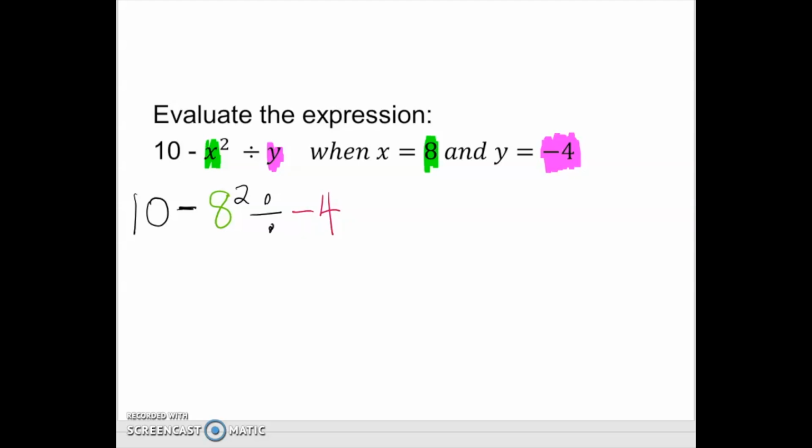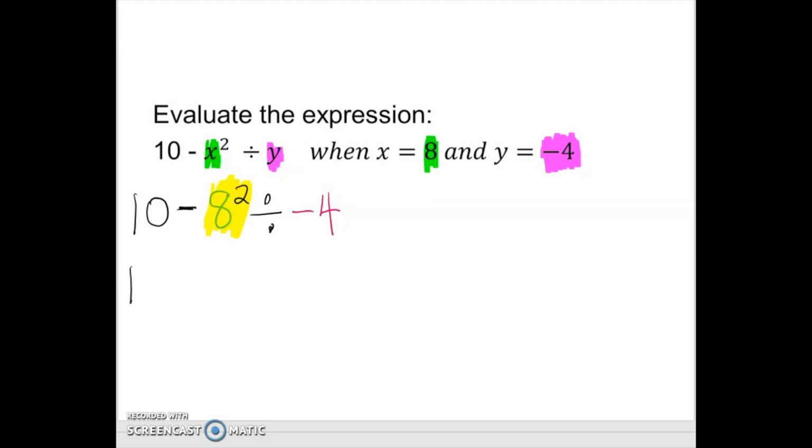Now we're following order of operations. Order of operations tells us first to do parentheses. We don't have any. Next would be exponents. Notice that the exponent is only talking about the 8.